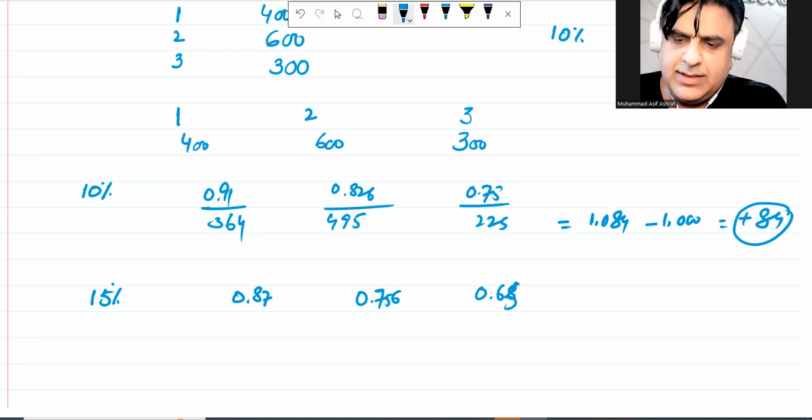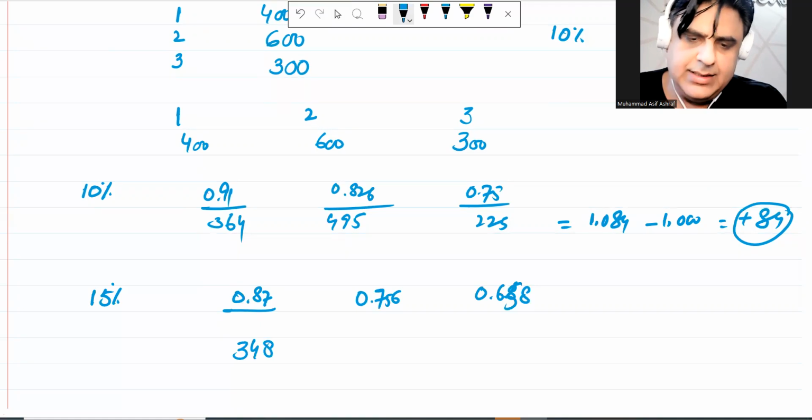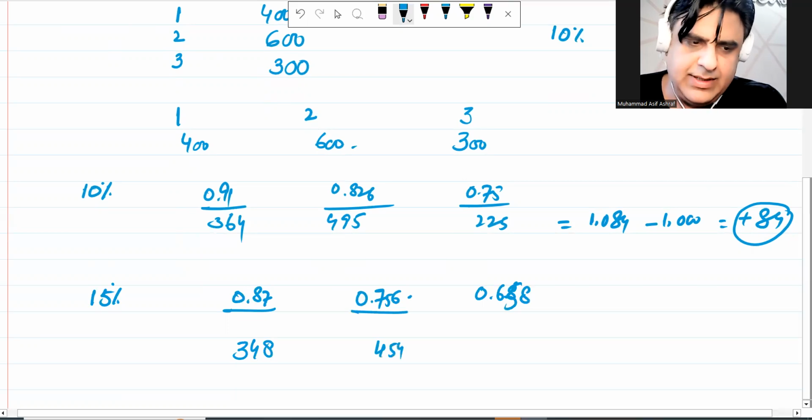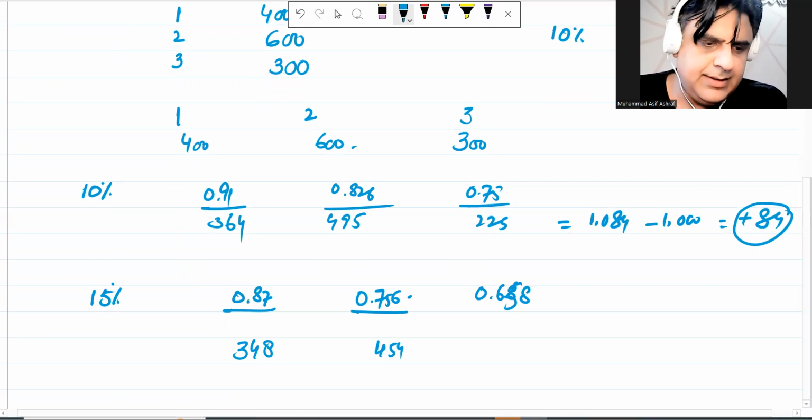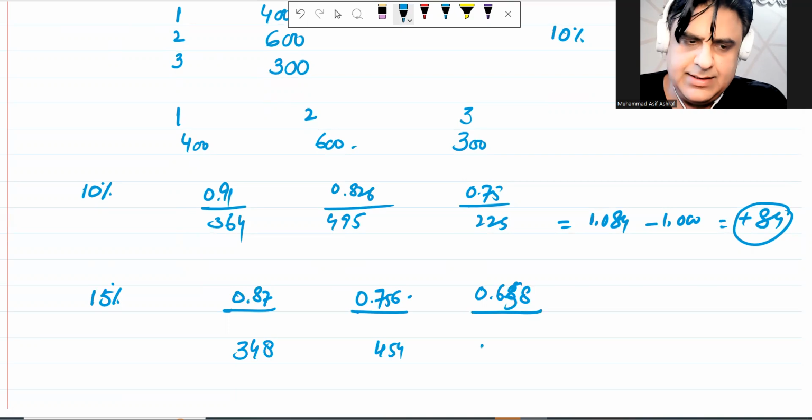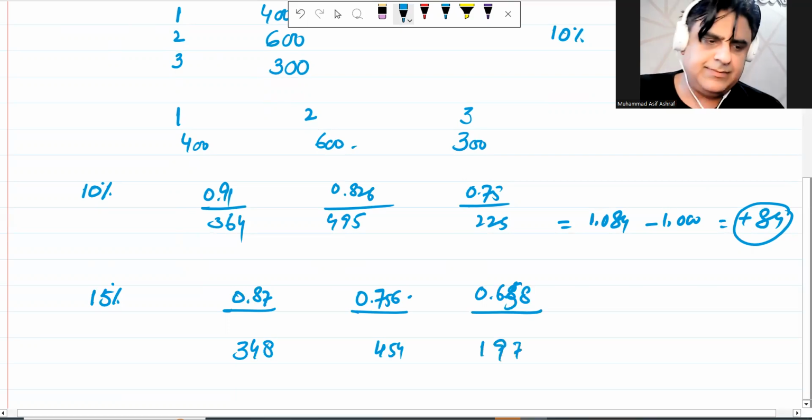Now multiply 400 with 0.87, it is 348. 600 into 0.756 is 454, and 300 multiplied by 0.658 is 197.